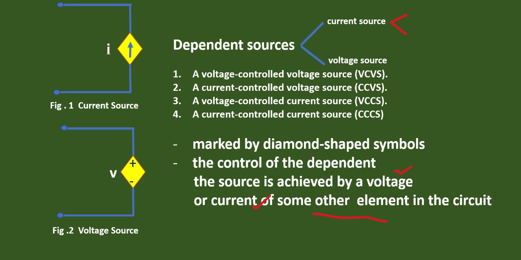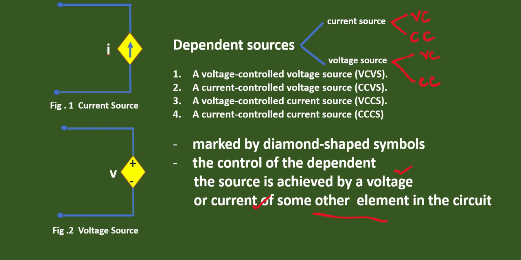It can be a voltage controlled current source, or it can be a current controlled current source. Similarly, this dependent voltage source can be a voltage controlled voltage source, or a current controlled voltage source. So we have these four basic types.